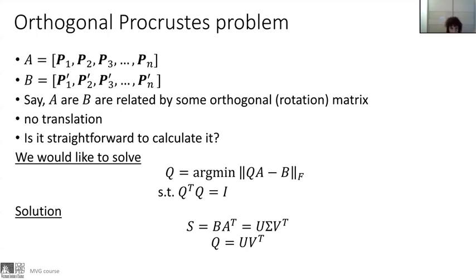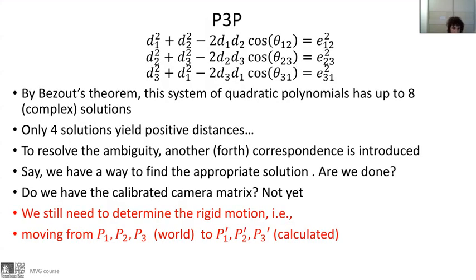Yes, sure. Recall that what we had before, just a minute. Okay, what we had before is the following. We had as input P1, P2, and P3. We calculated, using the cosine law, the P3P algorithm, the coordinates of the same point, but now in the local coordinate system.